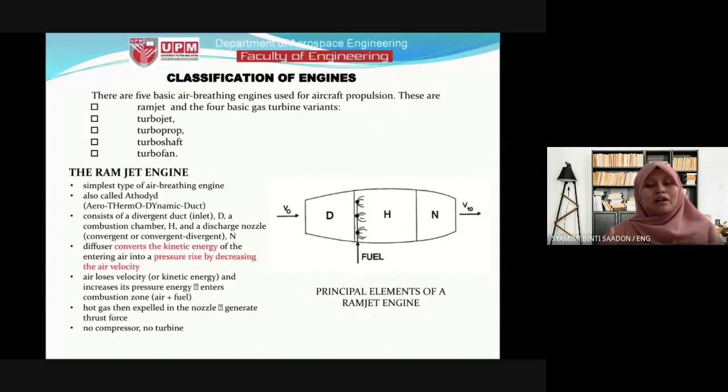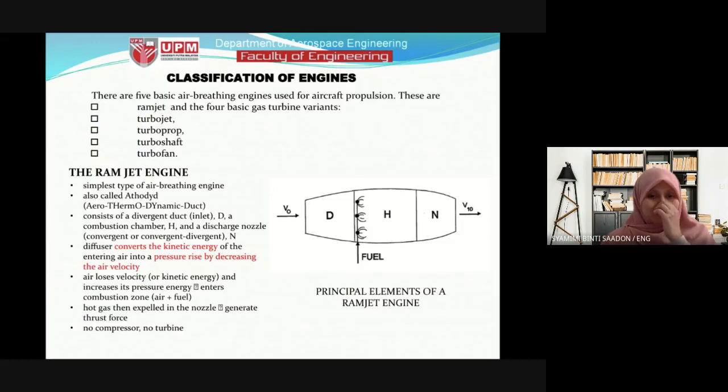The other types of air breathing engines I will also introduce to you, but we're just going to look at the surface. Introduction: there are five air breathing engines, meaning that these engines use air to propel, to move. These are the five basic air breathing engines: the ramjet, turbojet, turboprop, turboshaft, and turbofan.